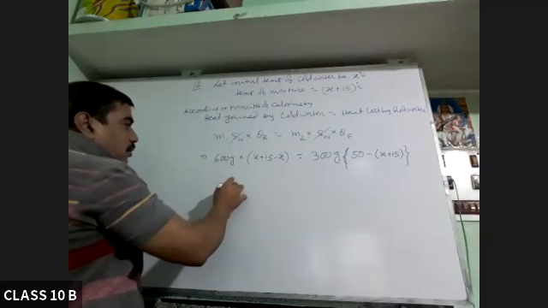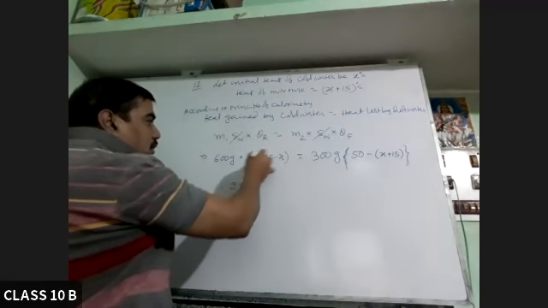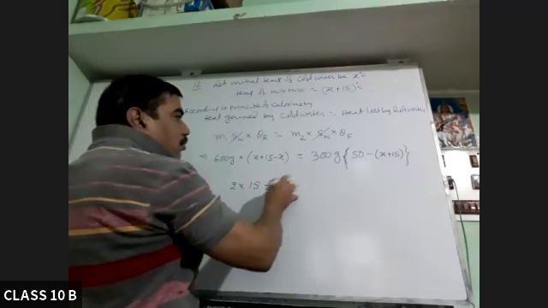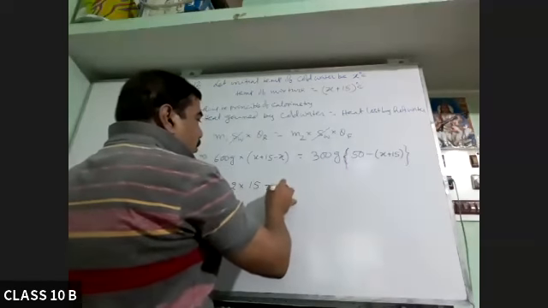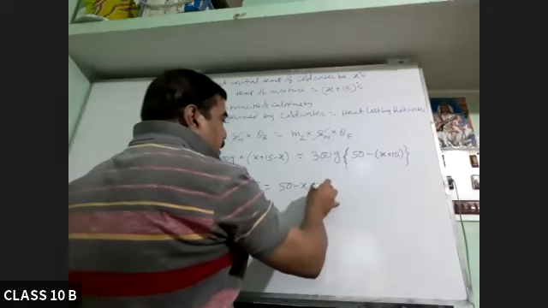Two times, so twice into 15 (X has cancelled) will be equal to 50 minus X minus 15.